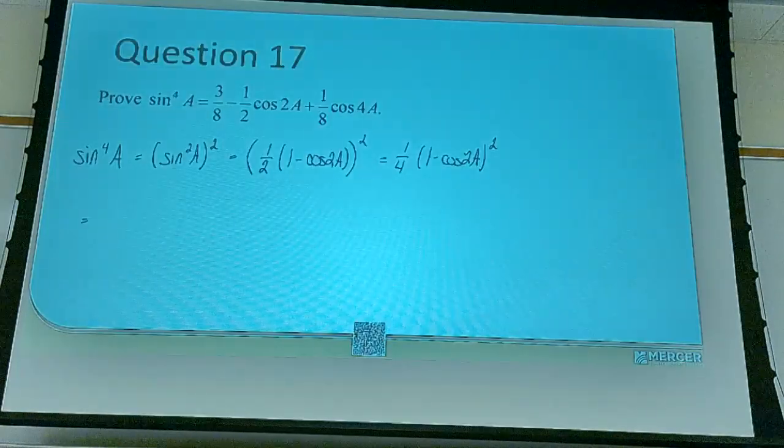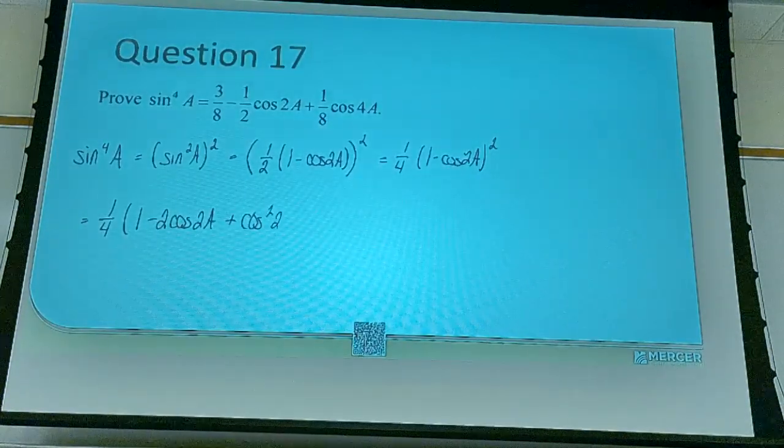Expand. One minus twice cosine of 2a plus cosine squared of 2a.